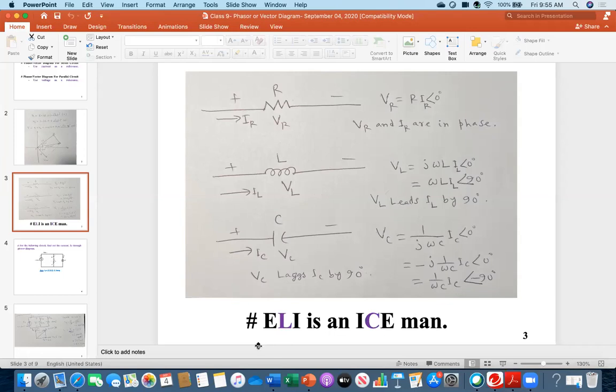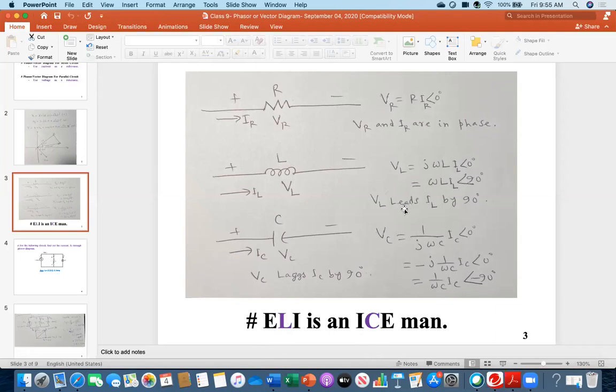To remember, I want to make a word here, ICE. That's why I have written it. So what does that mean? Everybody see ELI. ELI means when it is an inductor, who is first? I am representing voltage first, and then the current. So it is easy to remember that voltage will lead current.